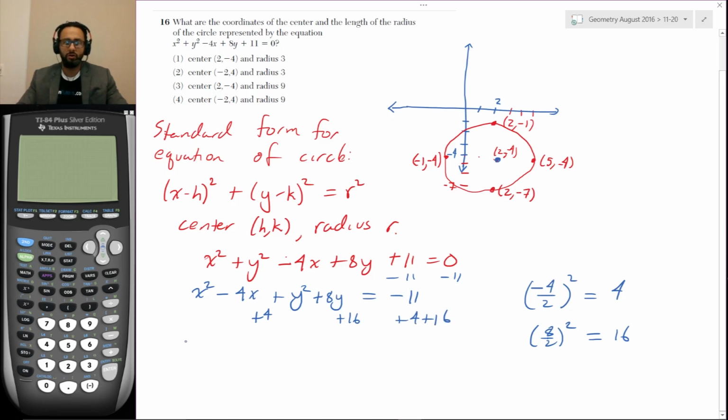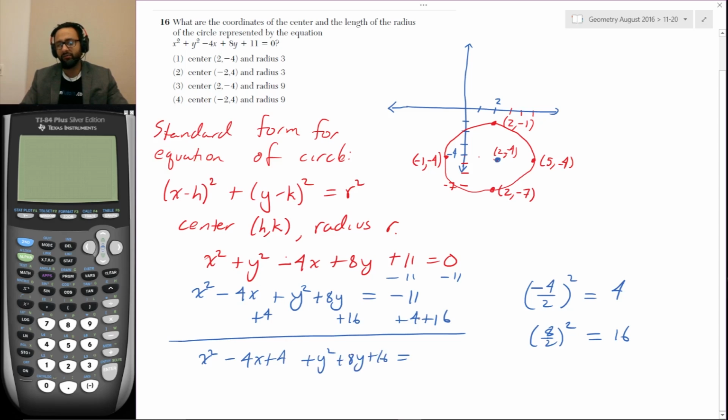Okay, so what do I get? I get x squared minus 4x plus 4 plus y squared plus 8y plus 16 equals negative 11 plus 4 plus 16. 4 plus 16 is 20, minus 11 is 9. And that tells me that the radius is probably going to be 3.